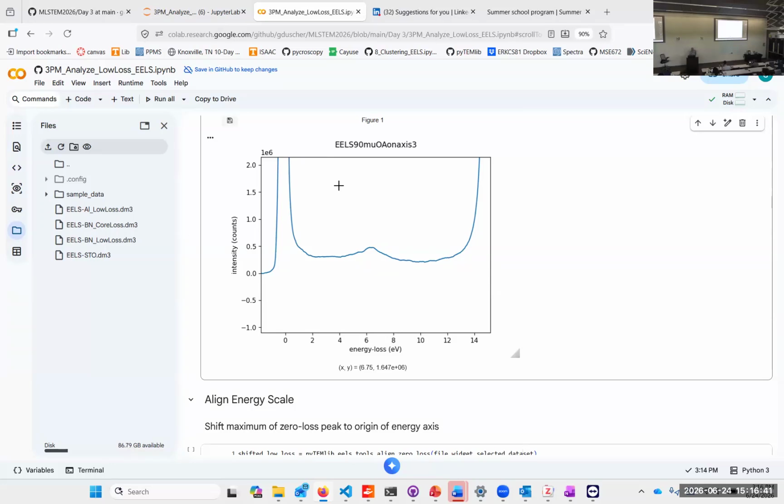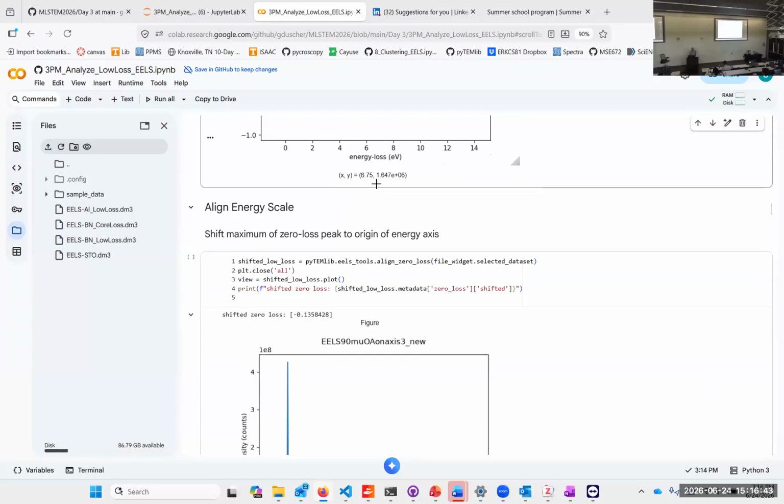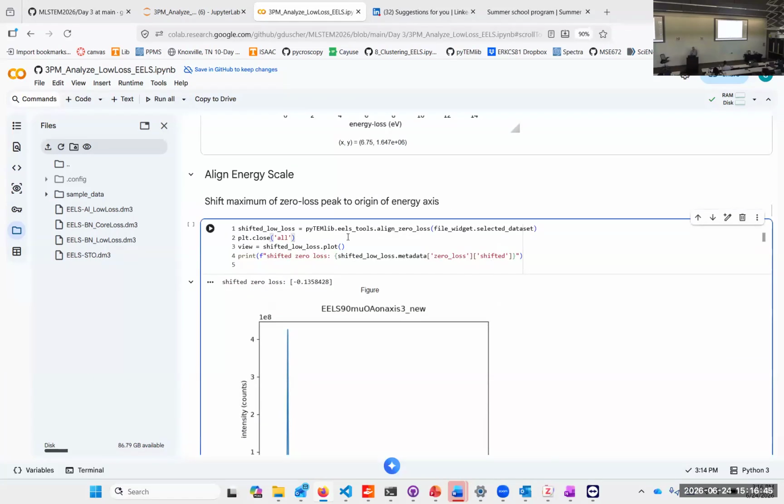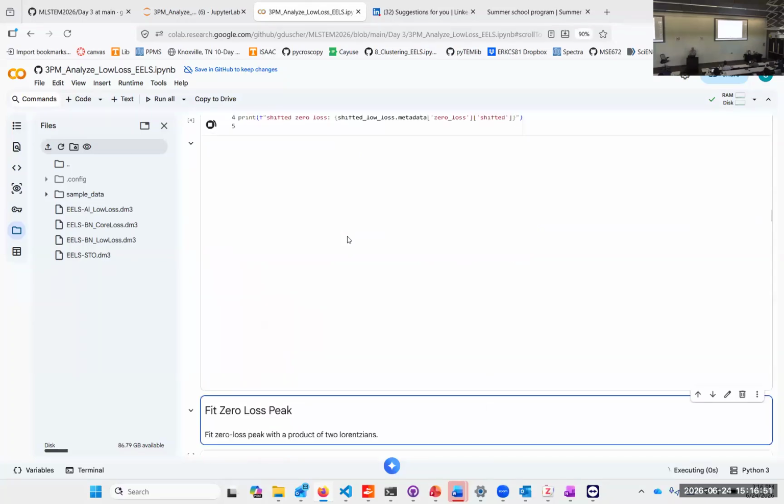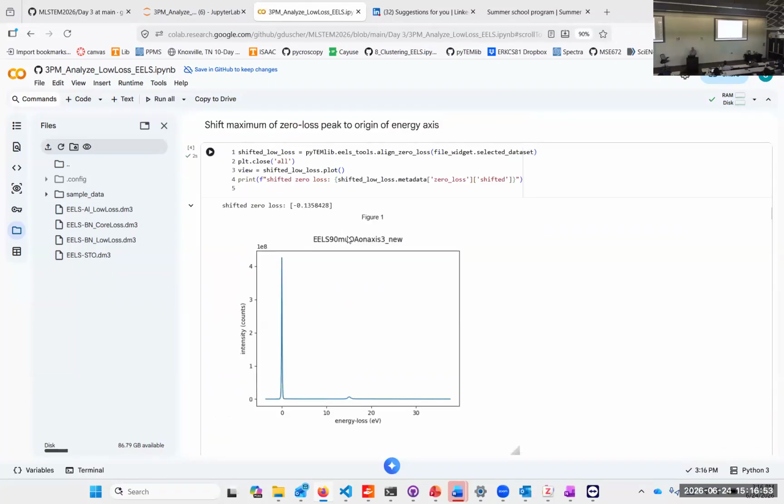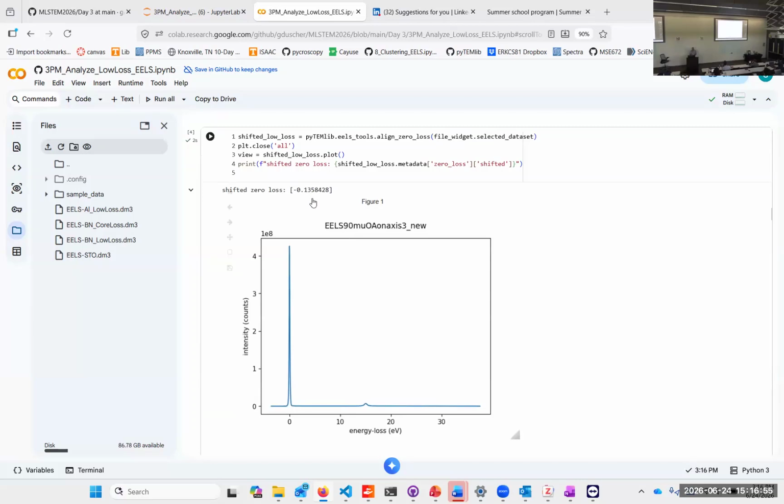We want to analyze the spectrum. The first thing we need to do is we have to shift the zero loss peak back to zero, to our origin of our energy scale. And in this case, we had to shift it by 0.13 eV.